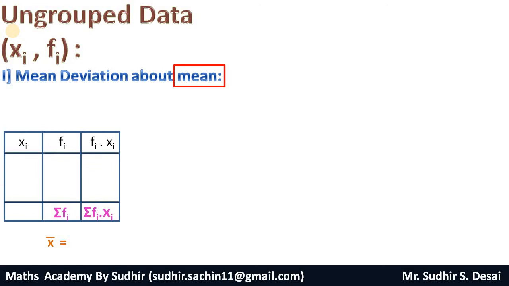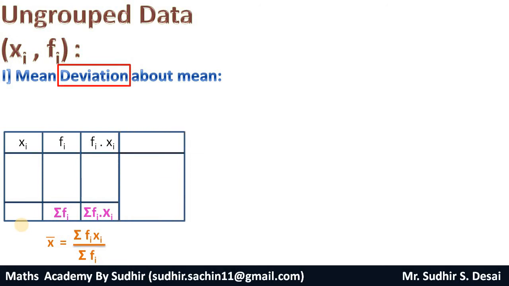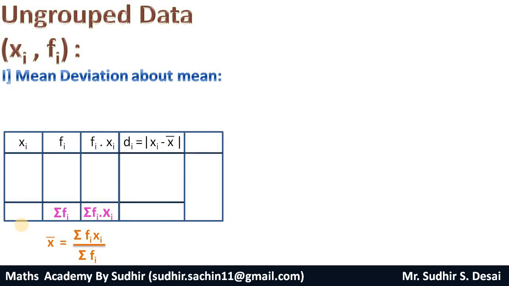Then the mean is calculated by the formula. As I told you previously, any formula of statistics is obtained in two steps. In the numerator, we write the summation of the last column, that is summation fi xi, and divide it by the summation of fi. Now we find the deviation di, calculated about the mean. We subtract the mean, x bar, from each xi, and the last column is fi into di.